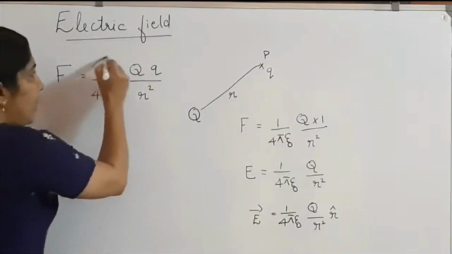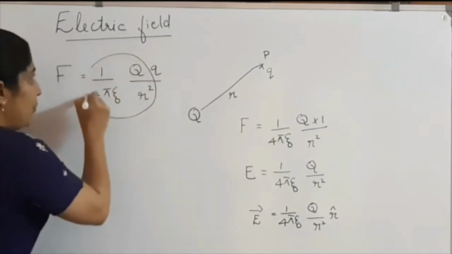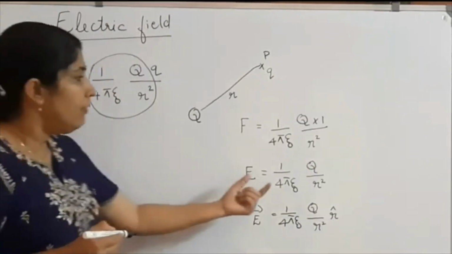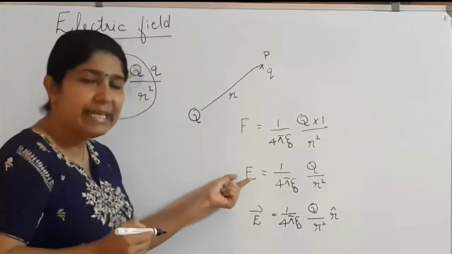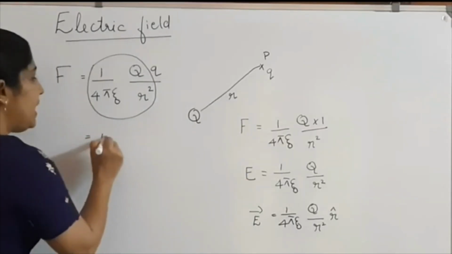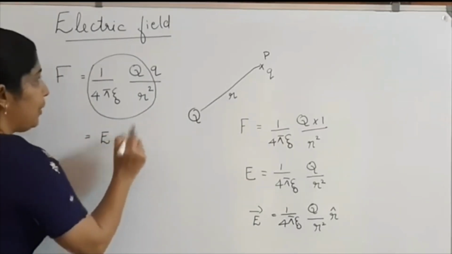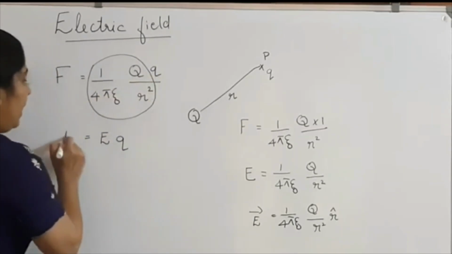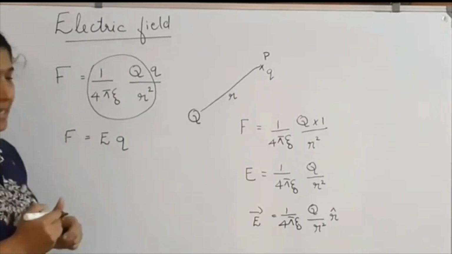Instead of 1 by 4 pi epsilon 0 into Q divided by R square, we can write electric field intensity E. Therefore, F is equal to qE.